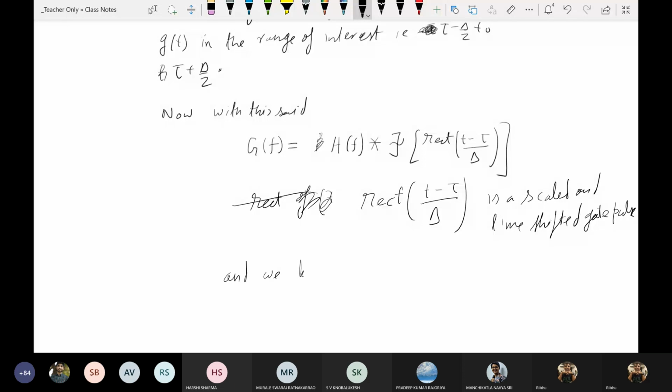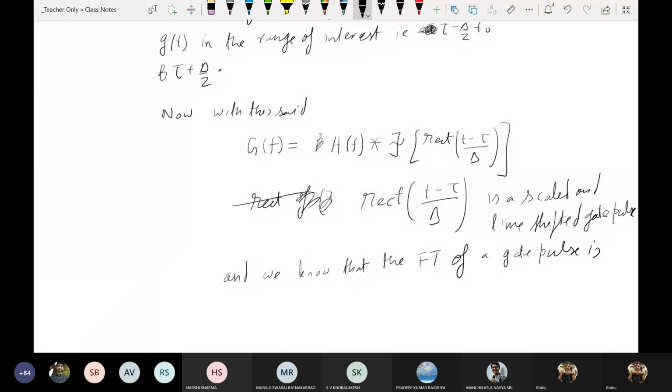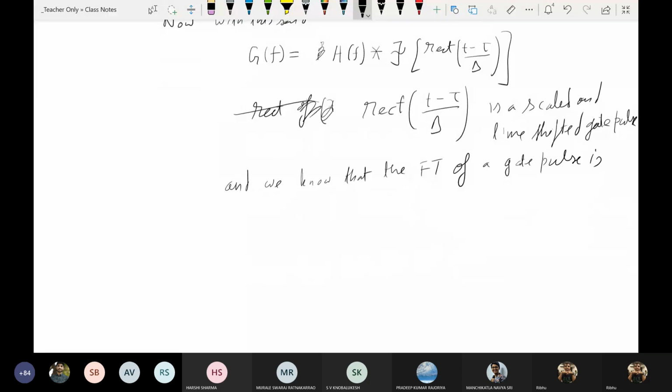And we know that the Fourier transform of a pulse is, now tell me, Aryan, what is the Fourier transform of a gate pulse?